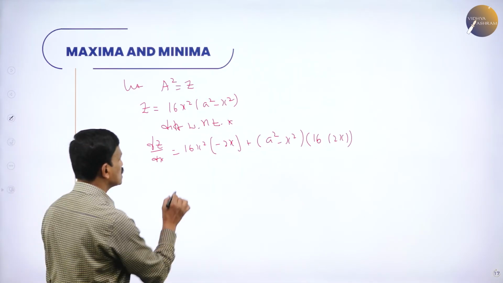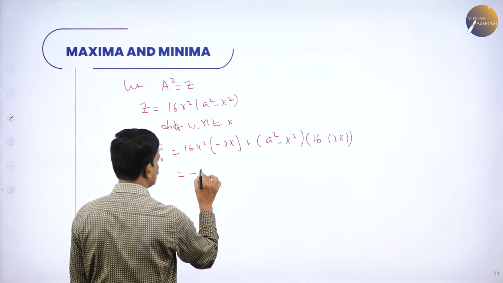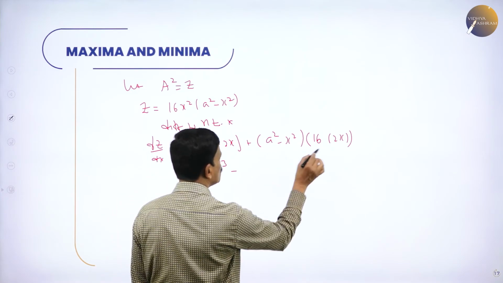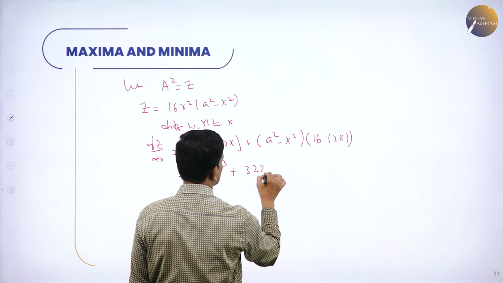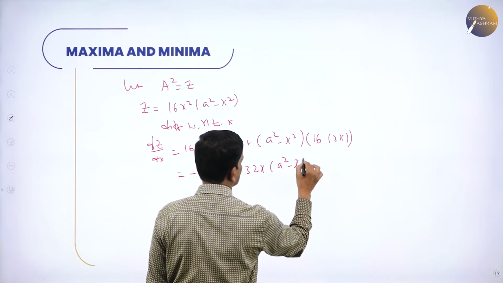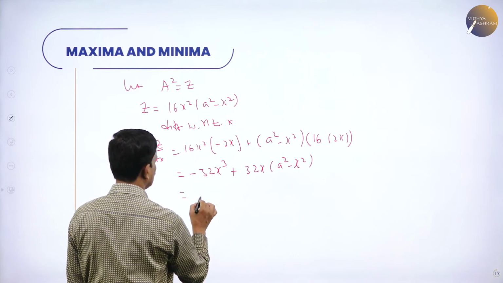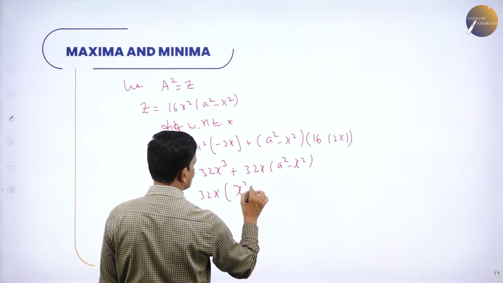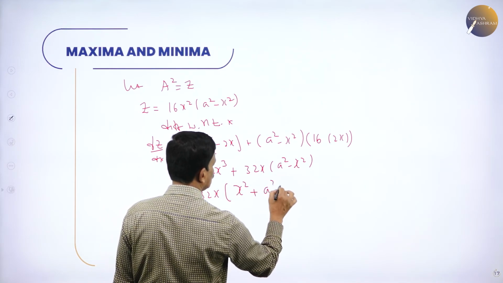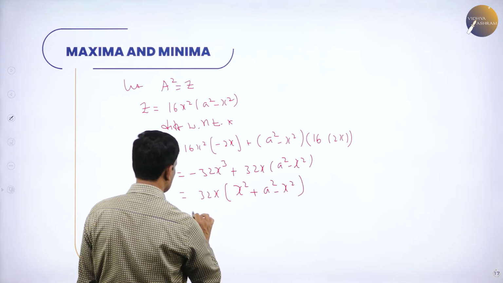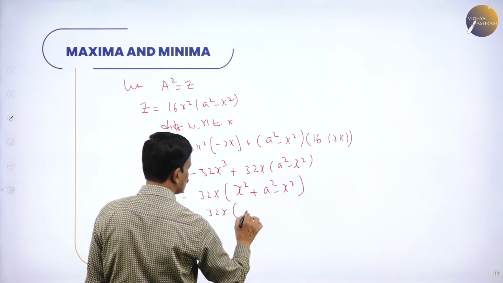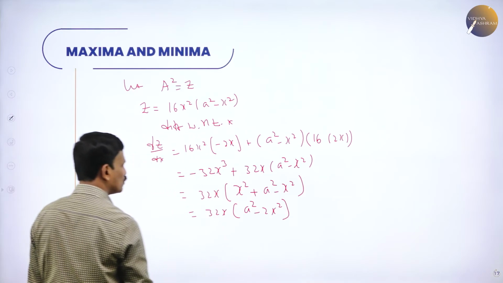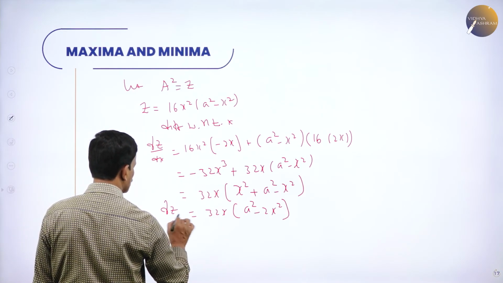Now multiply this: 16 × 2 is 32, so −32x³ plus 32x(a² − x²). Now you can take 32x out. What is left over is −x² plus a² − x². So this is 32x(a² − 2x²). Now this is dz/dx.